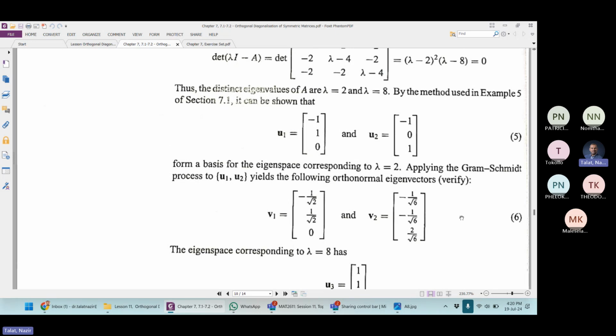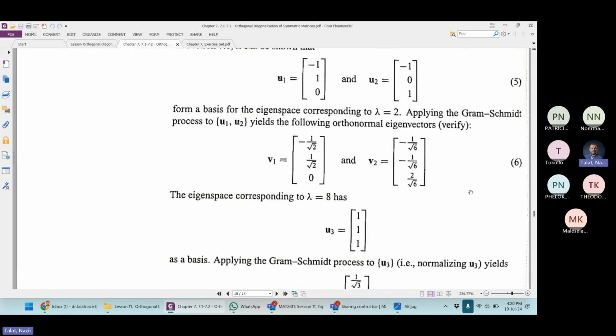And for the other eigenvalue, which is 8, when we find the eigenspace or eigenvector for lambda equal to 8, we will get 1, 1, 1. Now the interesting thing is that if you multiply u1 with u3, they will be perpendicular. The inner product of u1 with u3 is 0, and the inner product of u2 with u3 is also 0.